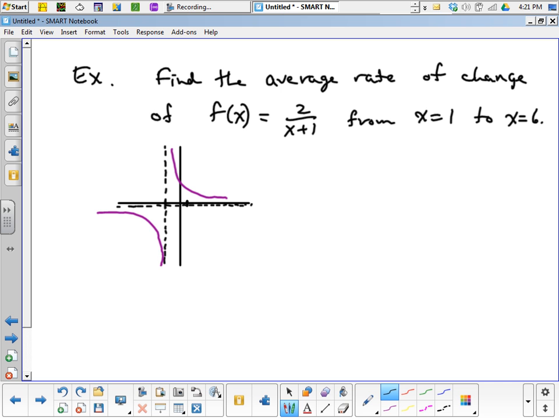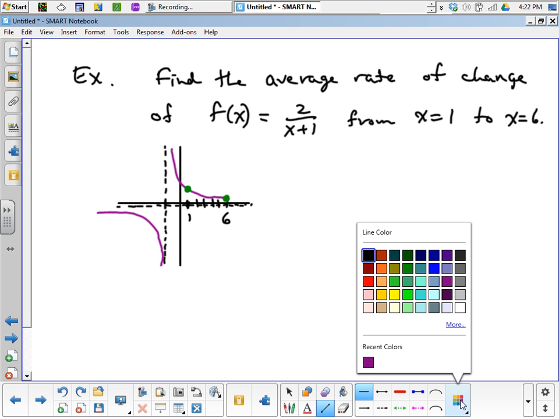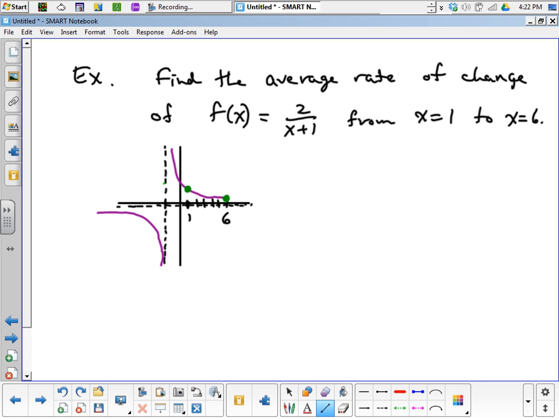Well, x equals 1 may be right here, and x equals 6 might be over there. So what we're trying to do is find the location of this point, and then find the slope of the line between them. What's the slope of this line?